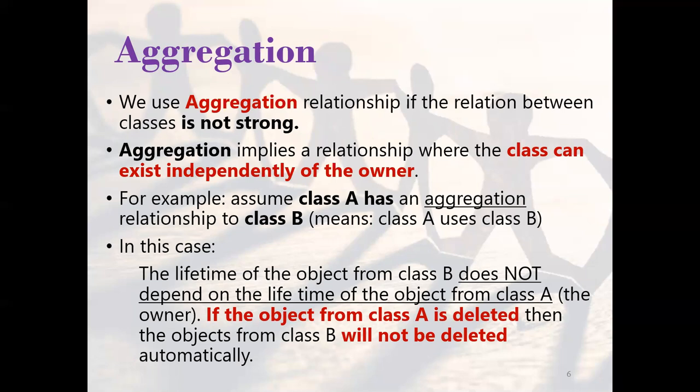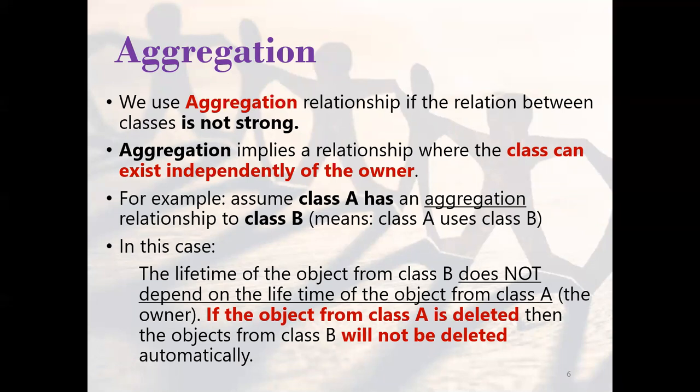In other words, the relationship between the owner and the owned object is not strong. So aggregation implies a relationship where the child can independently exist without the existence of the parent.